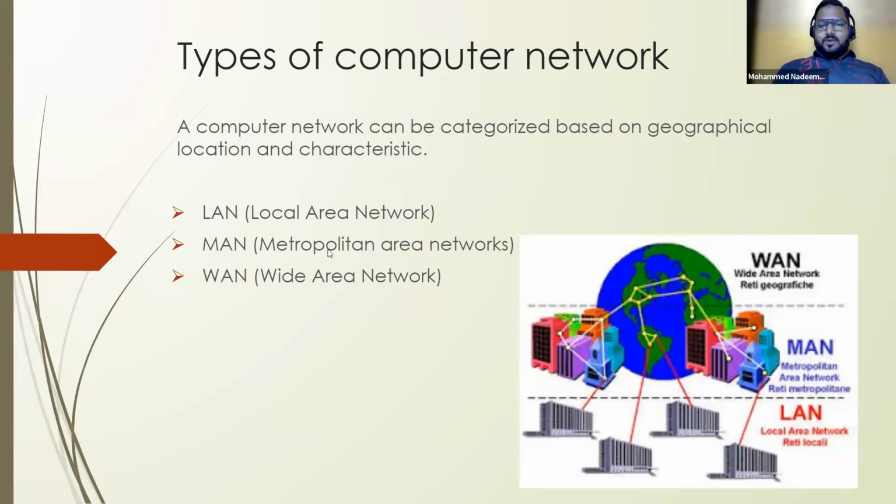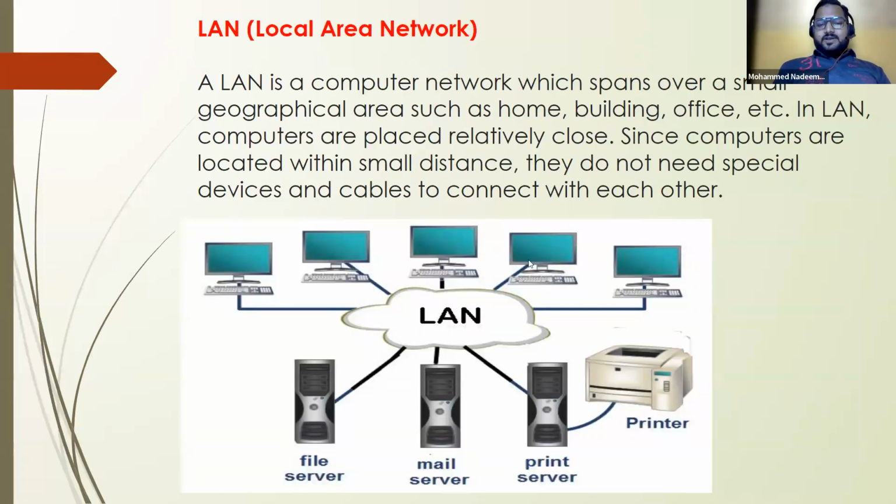Okay, so what is LAN? Local area network within an office, like you can see all these machines, server, printer, internet, connected to the same switch via cable. So we can build a LAN, local area network.